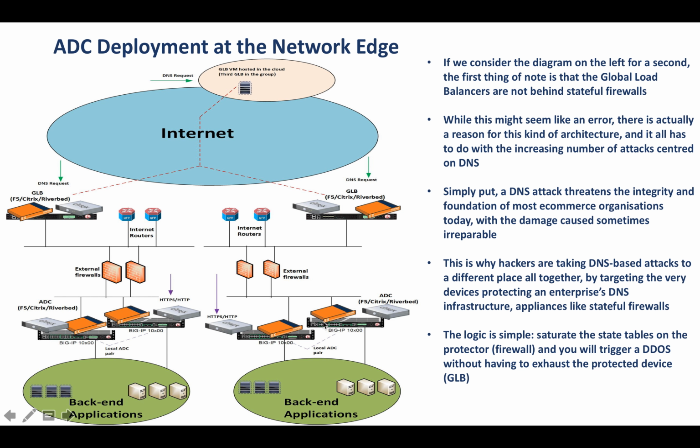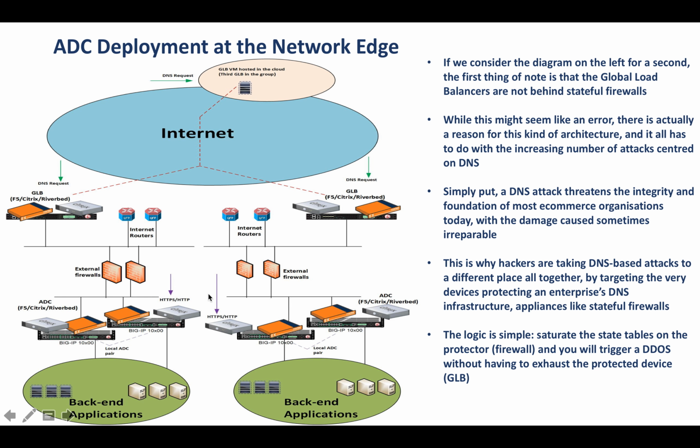And this is where ADC devices are located. Okay, we've gone for multiple brands here. As you can see, we've got F5, Citrix, Riverbed. Well, in theory, all this is just a pair. You pick whichever brand you want. So you can have a pair of Riverbeds here, a pair of Citrix, or a pair of F5 on both sides.